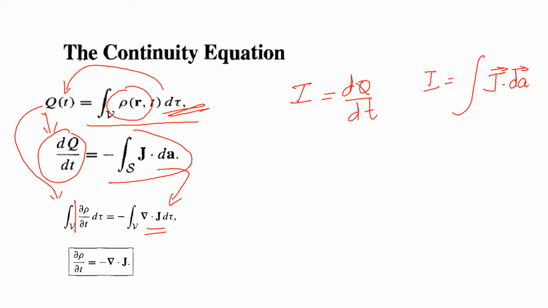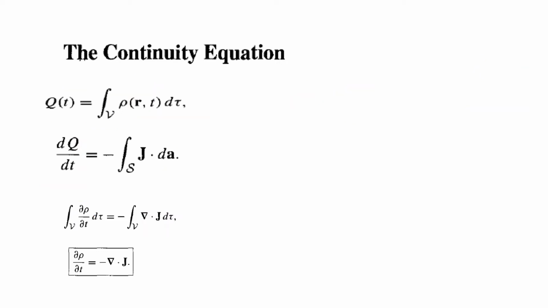We can see that dou rho by dou t is equal to negative del dot J. This equation is known as the continuity equation. The continuity equation is actually the statement of local conservation of charges.